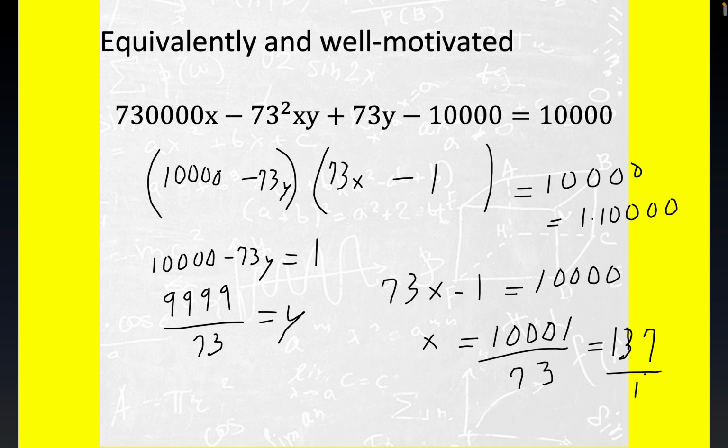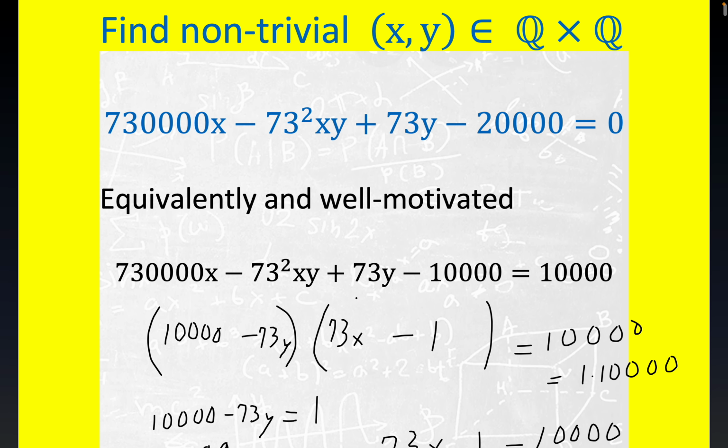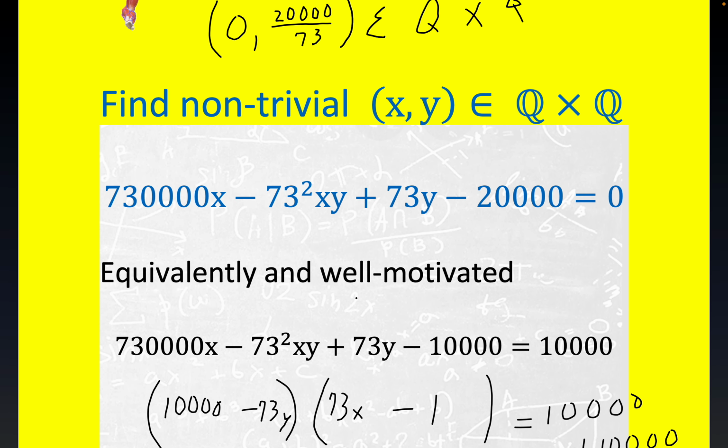And so your solution up here would be, and again, a better set of directions would be to find a rational solution with just an integer coordinate. So this was 9,999 over 73, right?